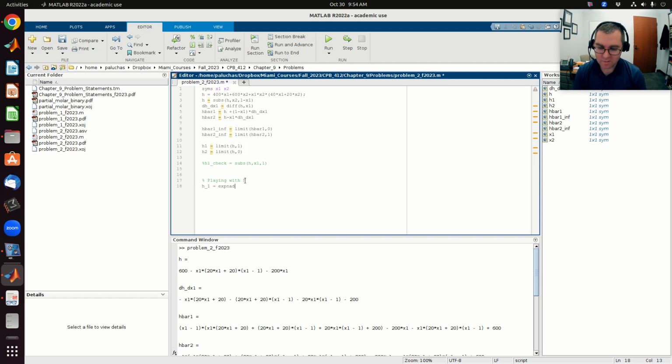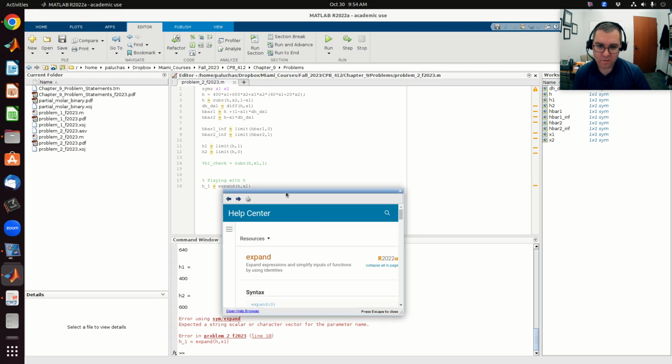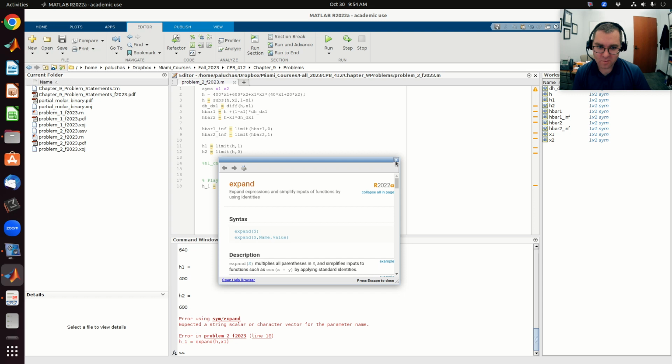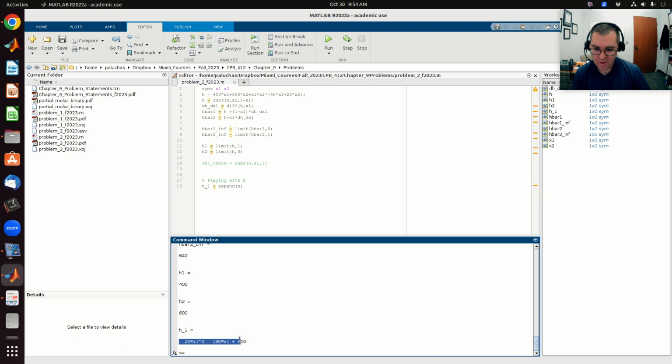So I'm pretty sure I can expand h with respect to x1. No, it doesn't like that. This is where there are separate symbolic functions for expand, so it's just expand h. So this is what happens when I expand h.